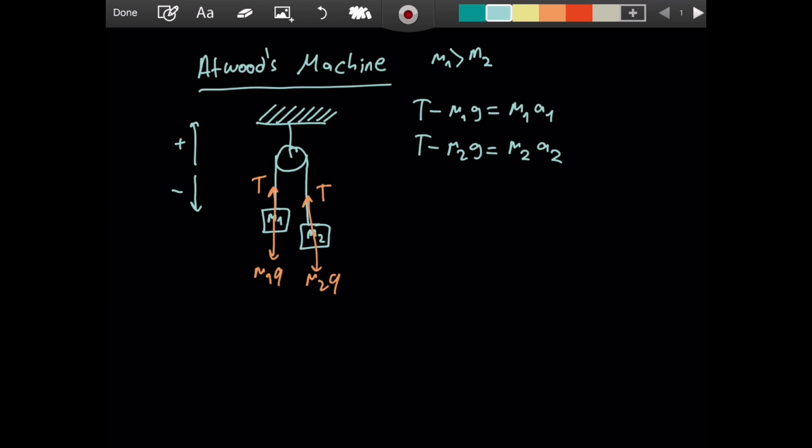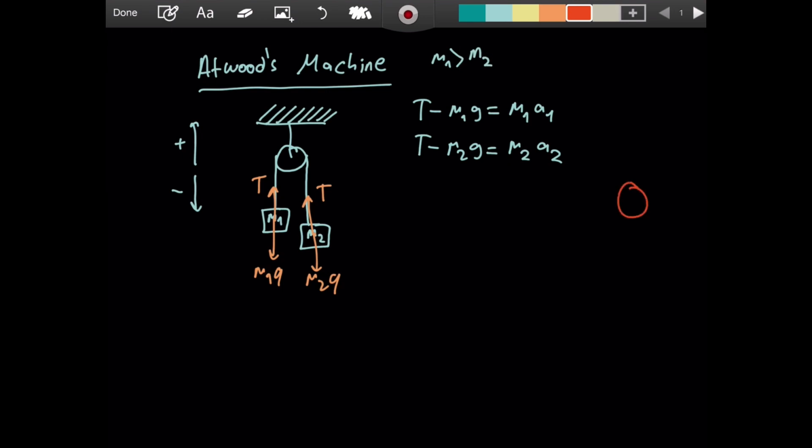So what can we do? Well, a good thing here, and this is something you need to be able to figure out, is that no matter the direction of the acceleration for each mass, they will be accelerating in opposite directions. This happens because the length of the rope should stay the same, right?